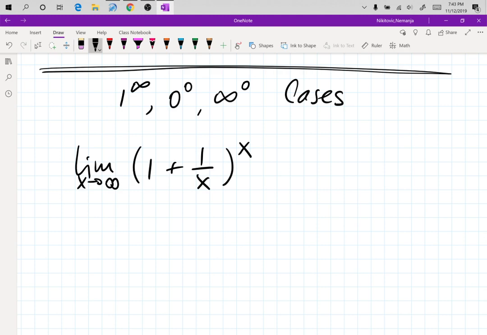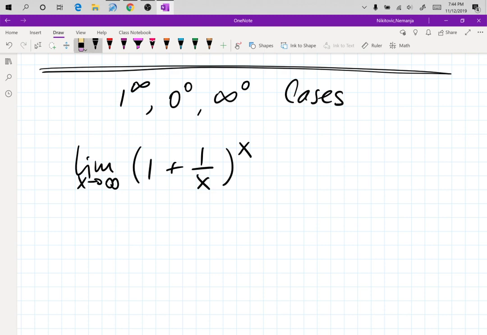How do we deal with these problems? Well, we have an issue of the exponent. And how do we get rid of exponents? Using ln, because the square root is only when it's a square, right? But this is x, which means it can be anything. So we have to use ln to kill it off.